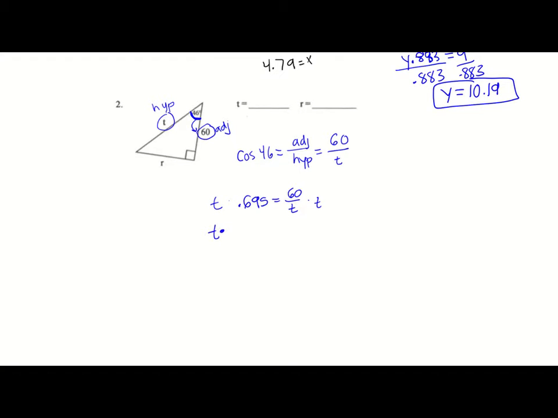T times 0.695 is 60. Divide by 0.695. And my t is 86.33.